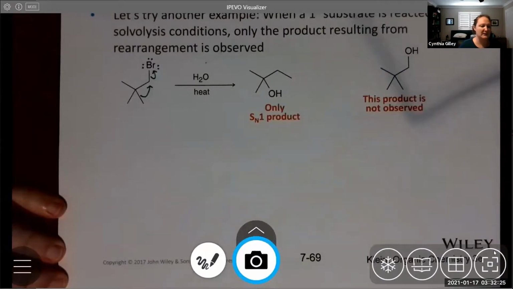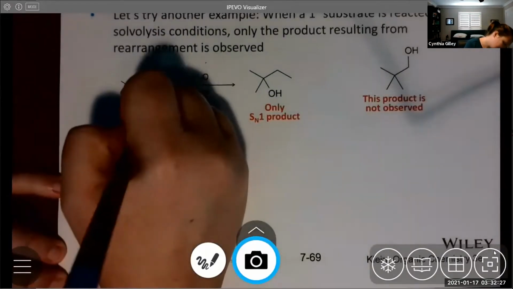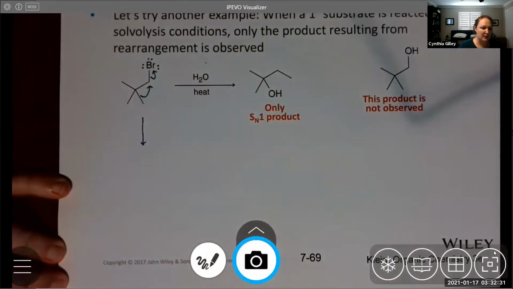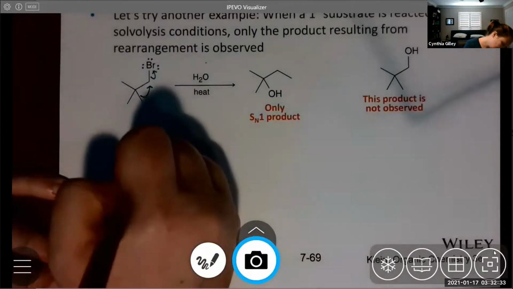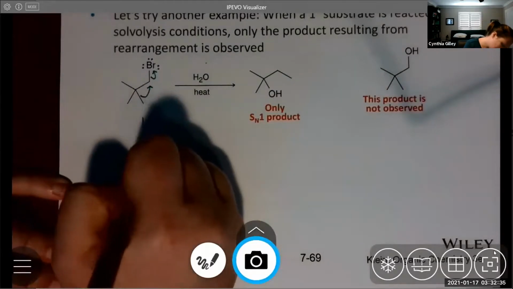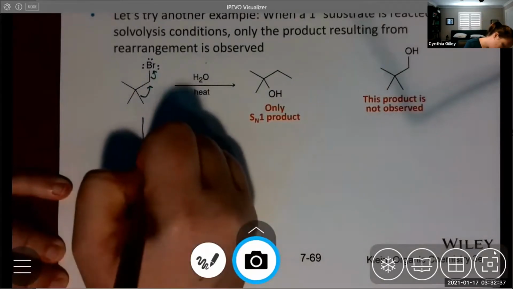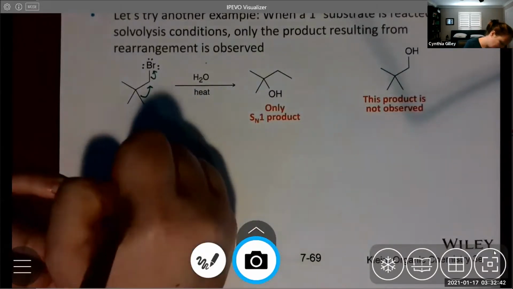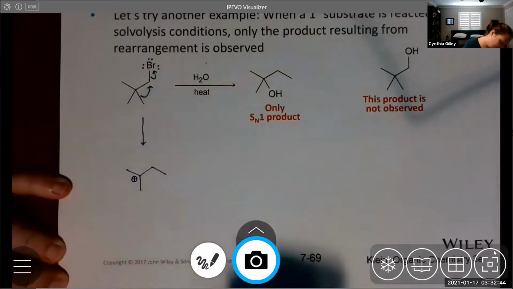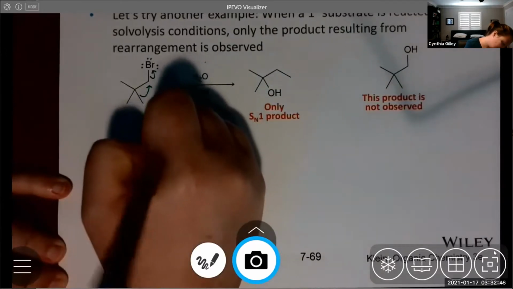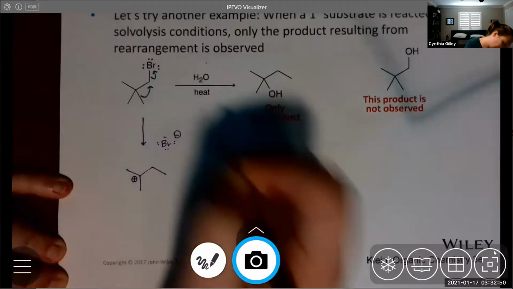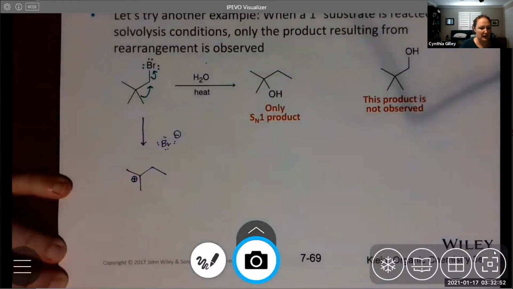So I'm doing two things in one step, but it's possible because I generate a stable carbocation. Let's look at what would form here. So if I shift my methyl over, the methyl will now be attached to that carbon, and I'm going to have a carbocation here, and I've picked off some bromide. This in one step allows us to go directly through a tertiary carbocation.